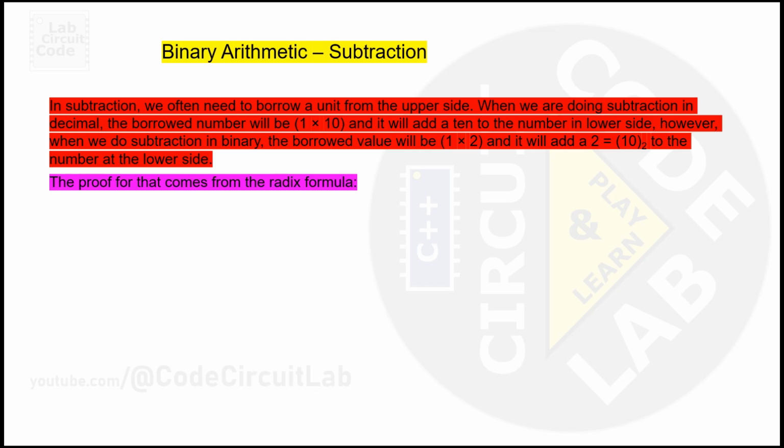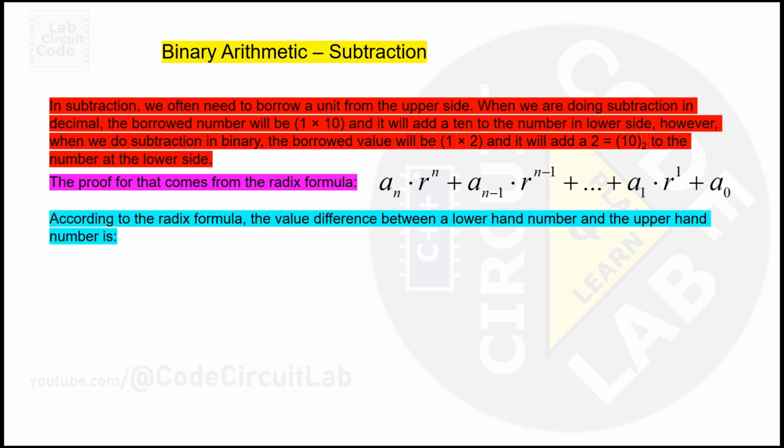The proof for that comes from the Radix formula. Remember the Radix formula? According to the Radix formula, the value difference between a lower hand number and the upper hand number is, for example, a n minus 1 multiplied by r.